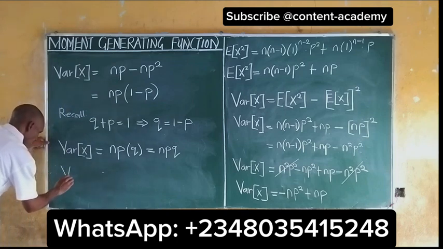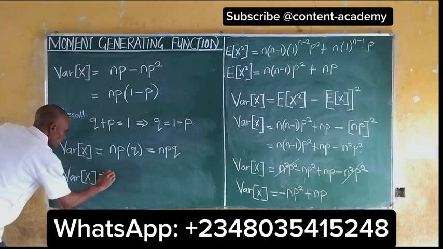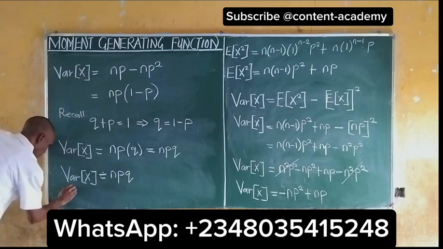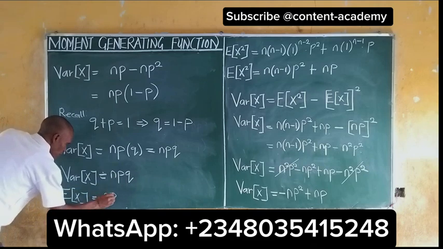Therefore, our variance for the given question is npq, while our expected value of x is equal to np.